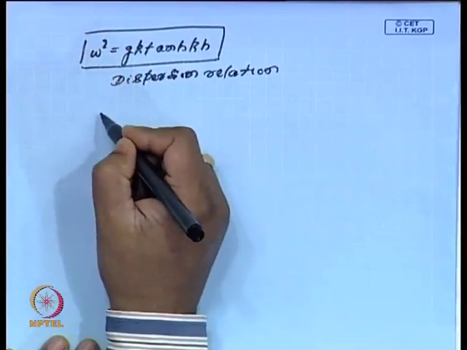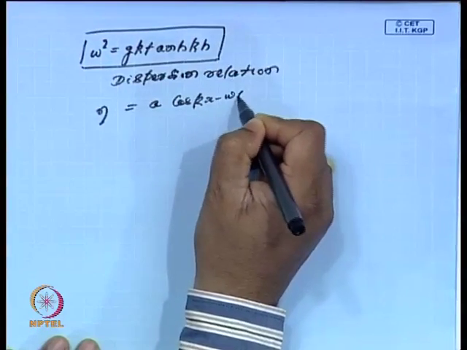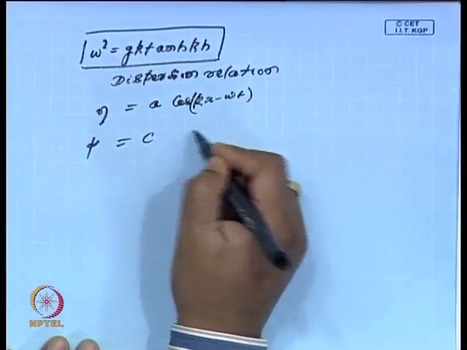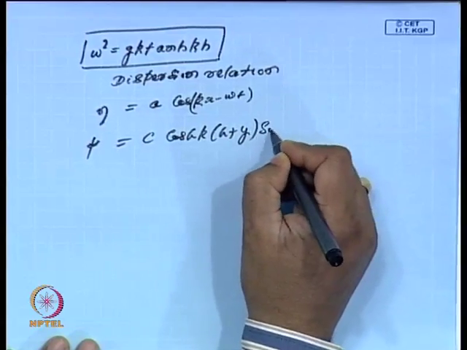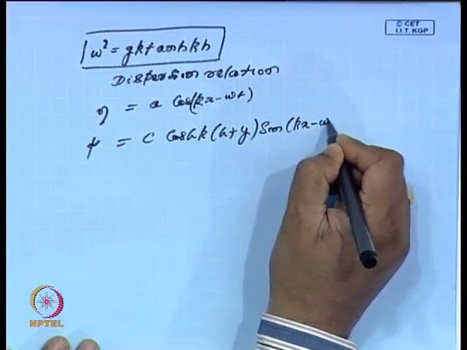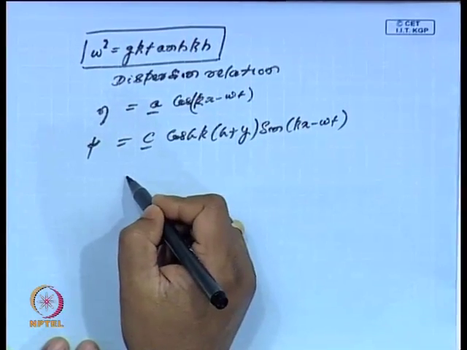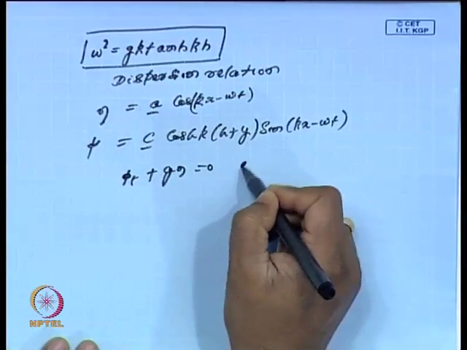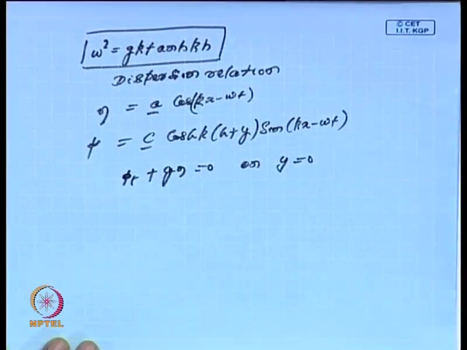Now, with the dispersion relation, I have eta equal to a cos(kx minus omega t), and I have phi which is C times cosh(k(h plus y)) into sin(kx minus omega t). I still need a relation between how A and C are related. I know that phi_t plus g eta is equal to 0 on y equal to 0. This is coming from my dynamic boundary condition.